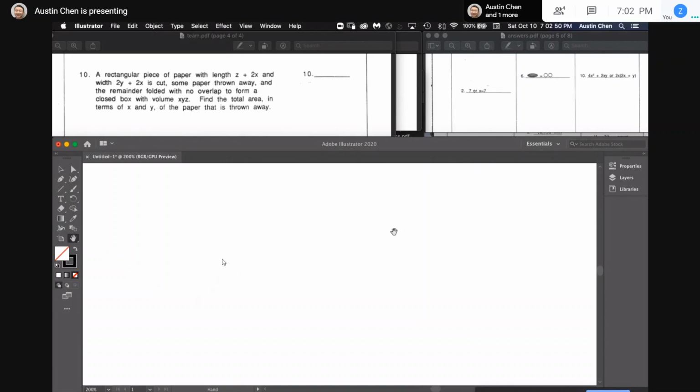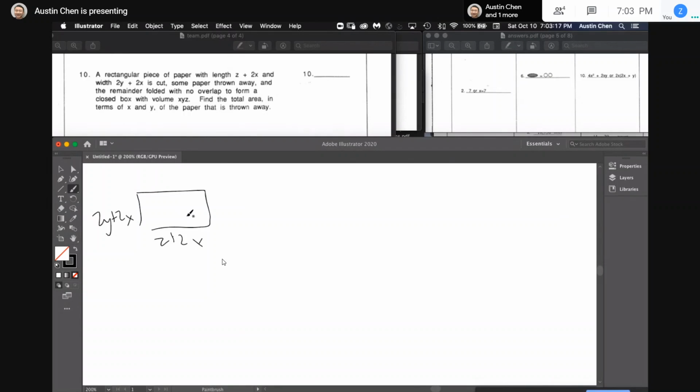Okay, so we have a rectangular piece of paper with length z plus 2x and width 2y plus 2x. And this piece of paper is cut and some paper is thrown away.